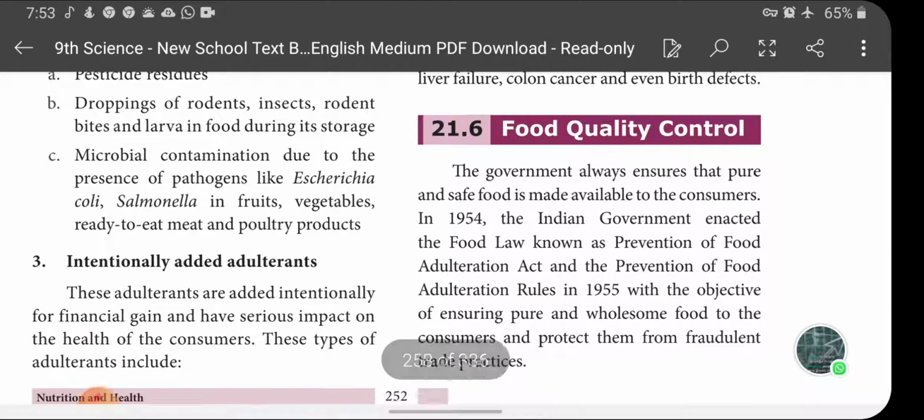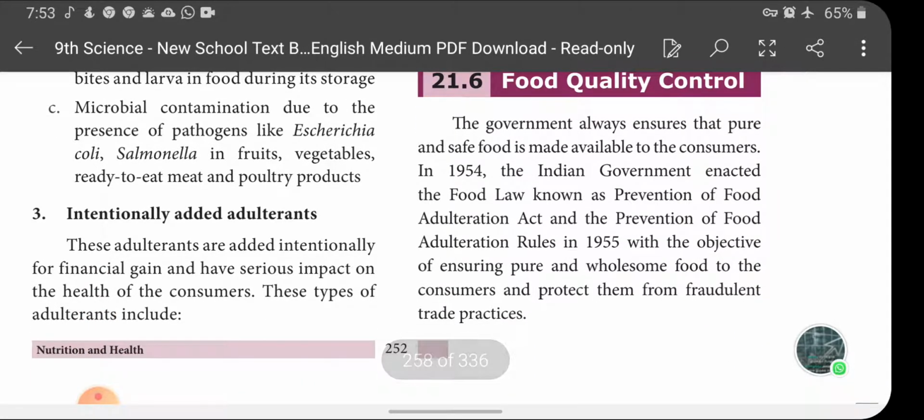Then food quality control. The government always ensures that pure and safe food is made available to the consumers. In 1954, the Indian government enacted the food law known as the Prevention of Food Adulteration Act, and the Prevention of Food Adulteration Rules in 1955, with the objectives of ensuring pure and wholesome food to the consumers and protecting them from fraudulent trade practices.